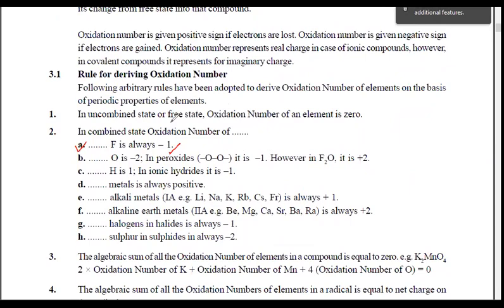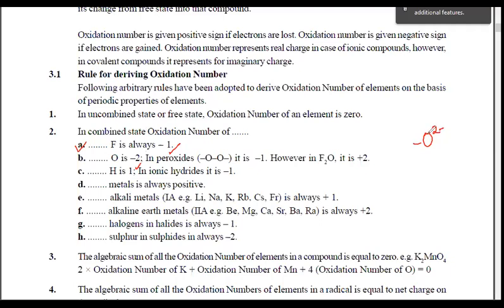Whatever the compound is, the oxidation number of fluorine can never be anything other than -1. Now we talk about oxygen. Generally, the oxidation number of oxygen is 2 minus, so we just say the oxidation number is -2. When you talk about increase or decrease, you have to consider the sign also.